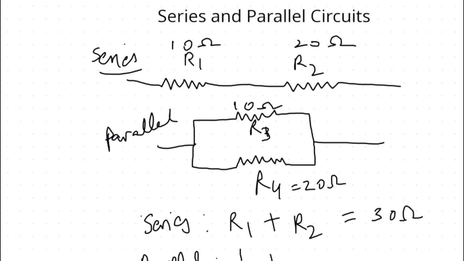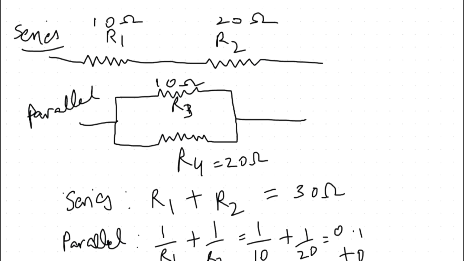So 1 upon R1 plus 1 upon R2, which is equal to 1 upon 10 plus 1 upon 20. So this basically evaluates to 0.1 plus 0.05, which is going to be 0.15 ohms. So I hope this is clear.